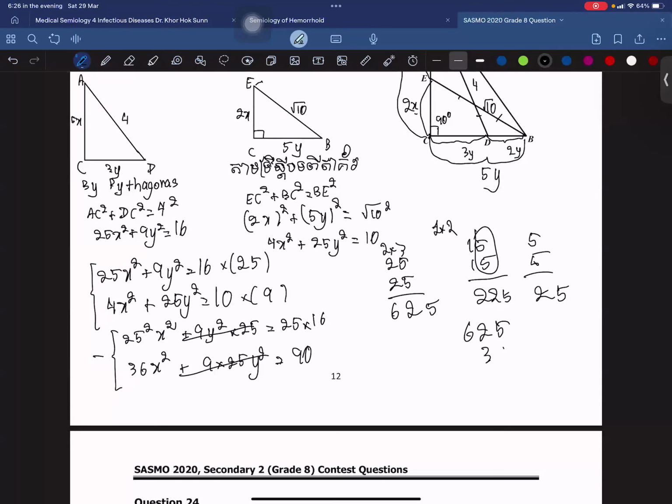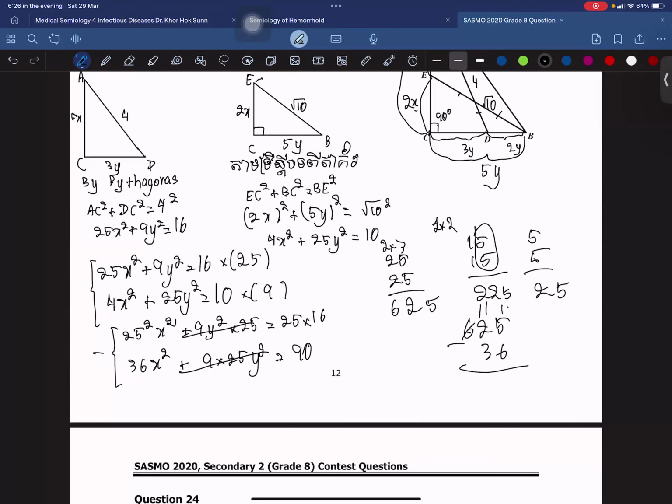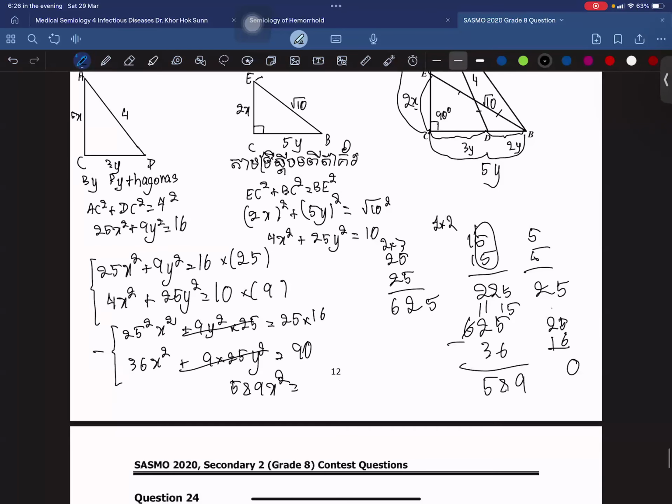We're gonna have this minus this. So we need to calculate it.